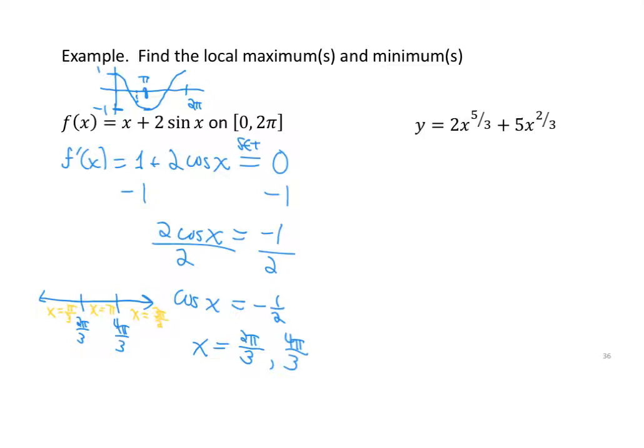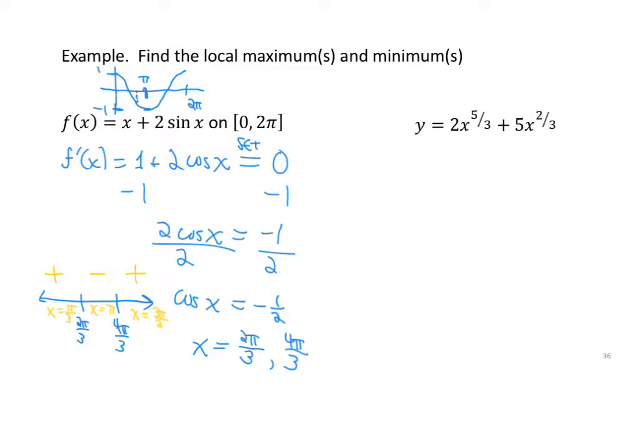So if you check the test points, you would have gotten that to the left of 2 pi over 3, the derivative is positive. Between 2 pi over 3 and 4 pi over 3, the derivative is negative. And to the right of 4 pi over 3, the derivative is positive. What's the conclusion that we write?